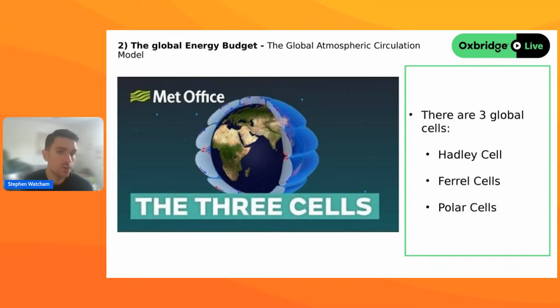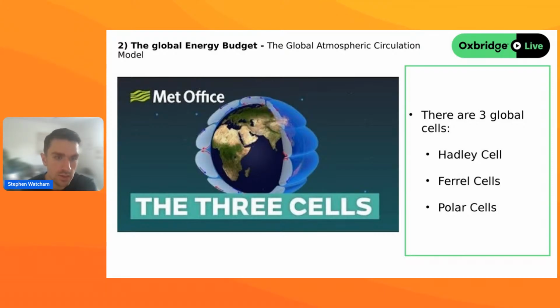So because of our oceans and land masses, we have 3 cells rather than just one big one. We have our Hadley cell. This is what forms at the equator, okay? So we essentially take like a mirror and put it at the equator. You've got one Hadley cell on each side of the equator.